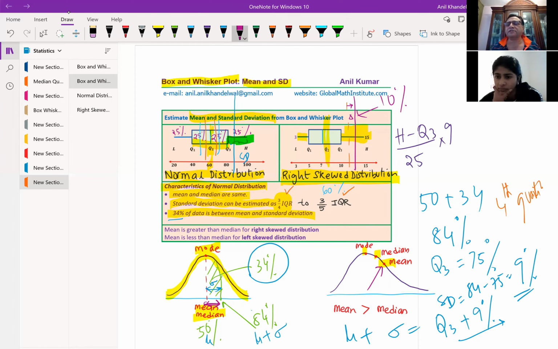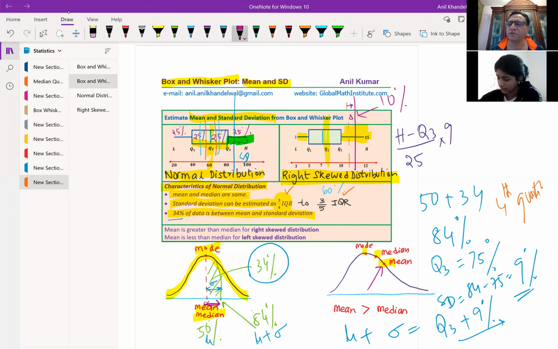In case it is normal data, I'm assuming that 34% of the data will be between the standard deviation and the mean, which is a well-known fact. Now, we really do not know what the calculation should be for a skewed distribution. But from our understanding so far, it is clear it is going to be on the right side of whatever calculation you do for normal distribution, since the data is clearly more towards the higher values.